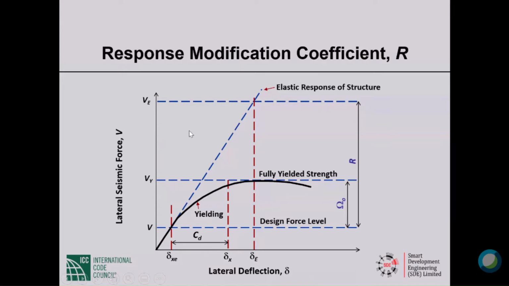Now, to have elastic behavior in the design earthquake, we would have had to design the structure for a strength equal to V sub E. Our code allows us to design for a much lower base shear V. R is the ratio between the two. V is equal to V sub E divided by R. So that's the R value.